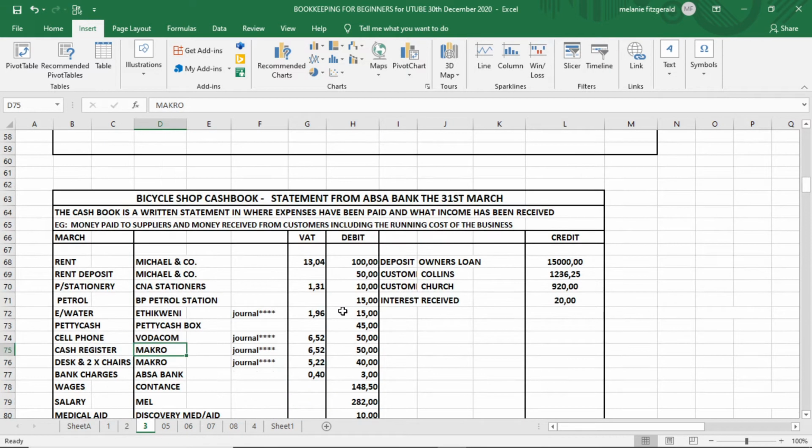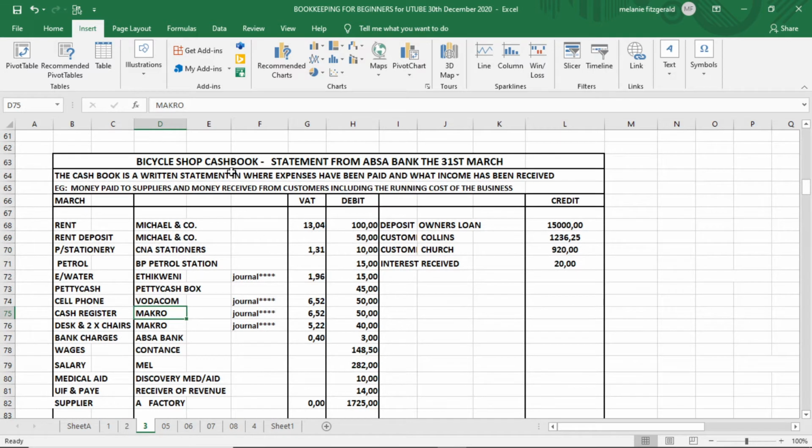All right, so the next thing we're going to do is open up a bicycle shop cash book statement. This is the statement from Absa Bank on the 31st of March. Okay, so the cash book is a written statement where expenses have been paid and what income has been received. For example, money paid to suppliers and money received from customers, including the running costs of the business.